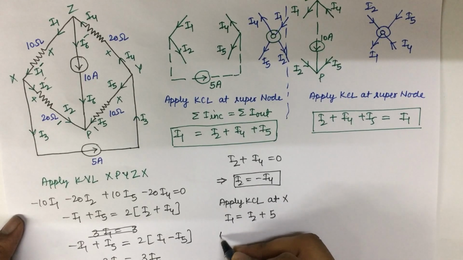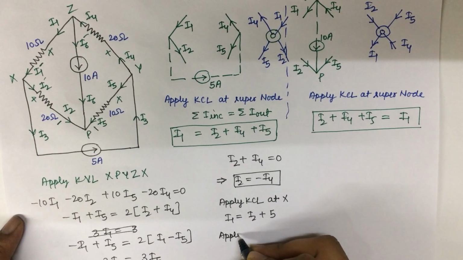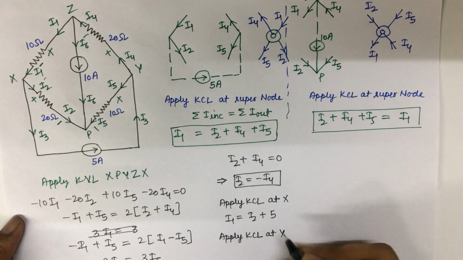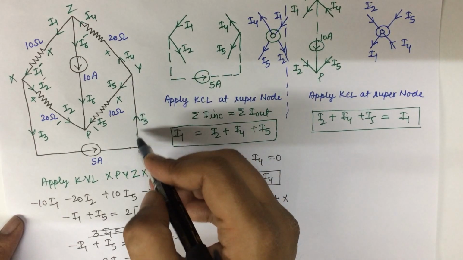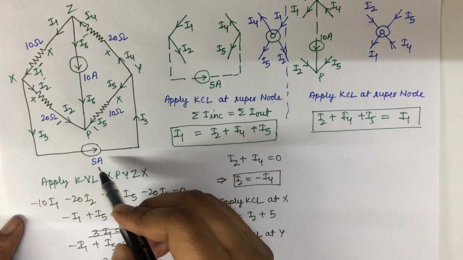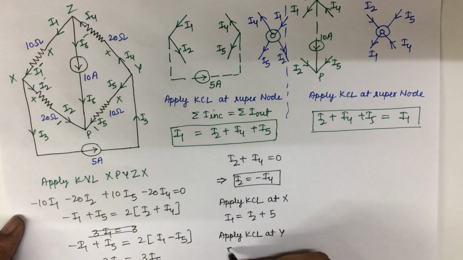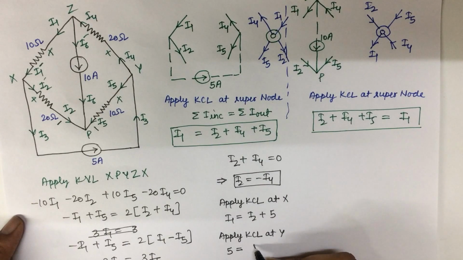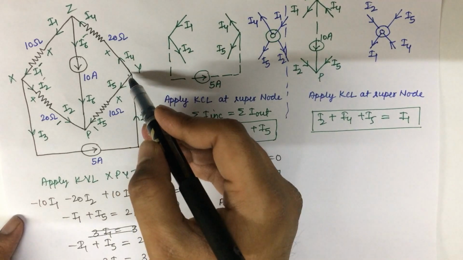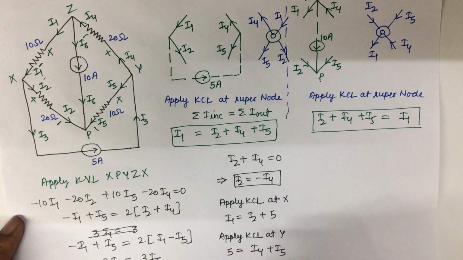Similarly, apply KCL at point Y here. I3 is equal to I4 plus I5, and the value of I3 is 5, meaning 5 is equal to I4 plus I5.